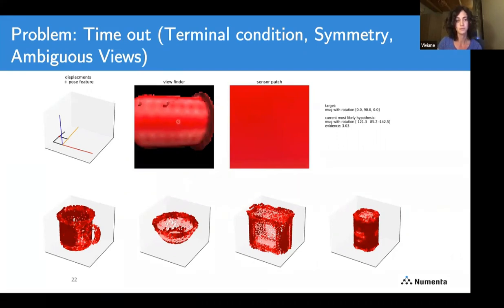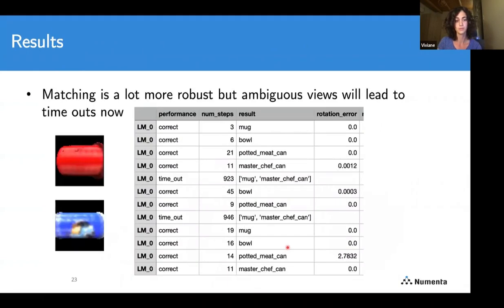So for example, if we look at the mug from this side view, it reaches the timeout because it says, okay, it could be the mug, or it could be the can, or it could be the side here. So this is just one run with different objects. Sorry for not having nicer results yet, but for almost 1,000 steps in those 2 episodes, it said, okay, mug and master chef can are both consistent with my inputs.